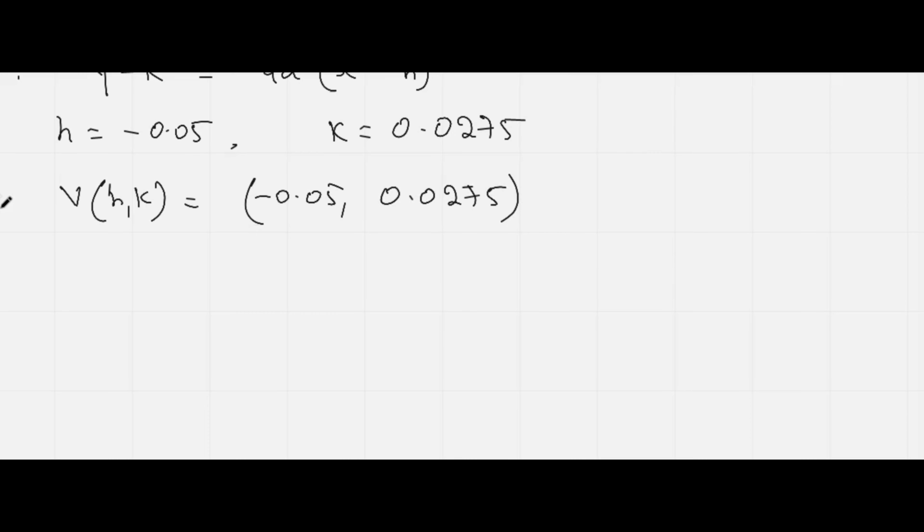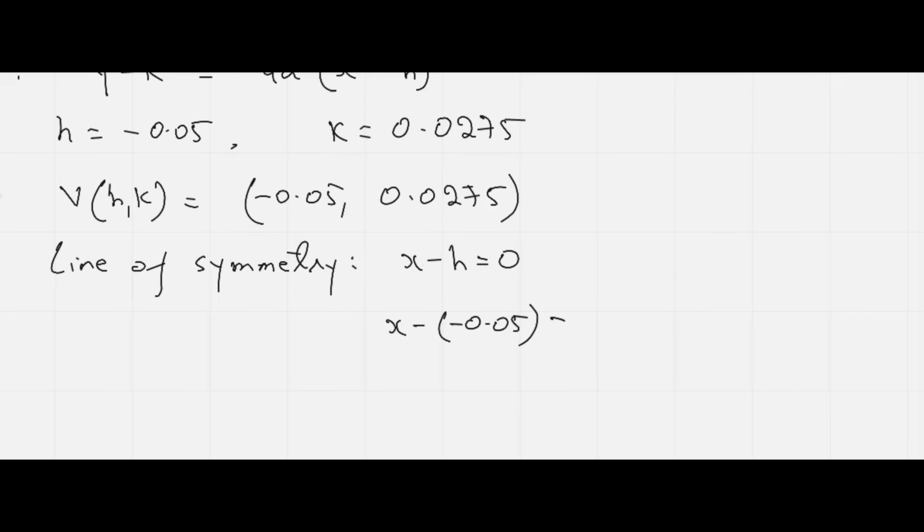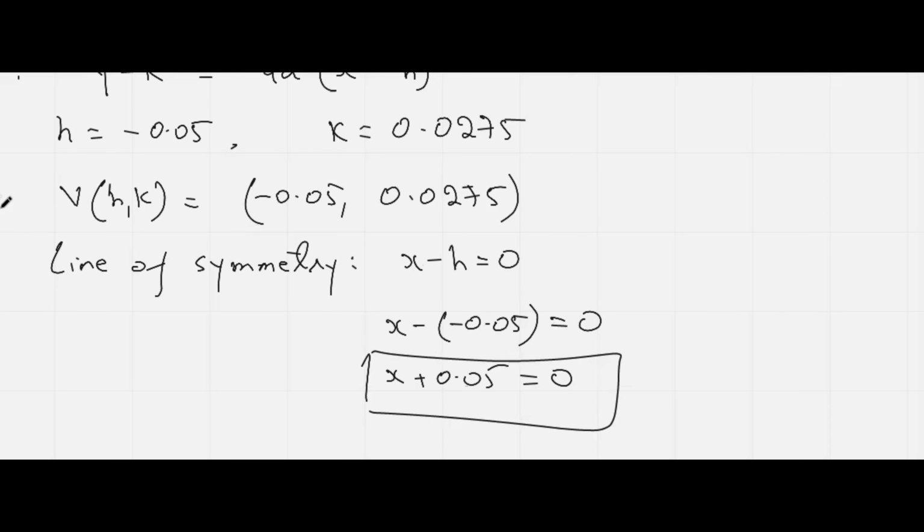Once this is done, what is left is the line of symmetry. The line of symmetry for the given equation is x minus h equals 0, that is x plus 0.05 equals 0. This is going to be the equation of the line of symmetry. Now we need to sketch the graph of this equation.